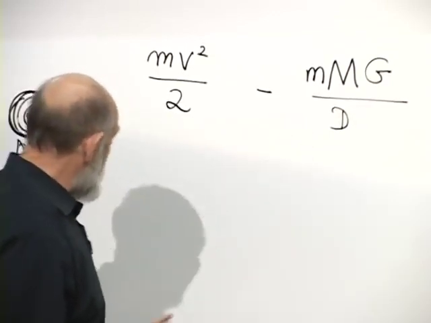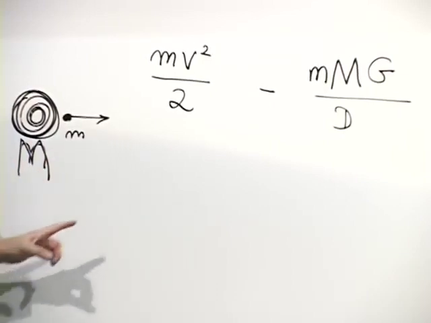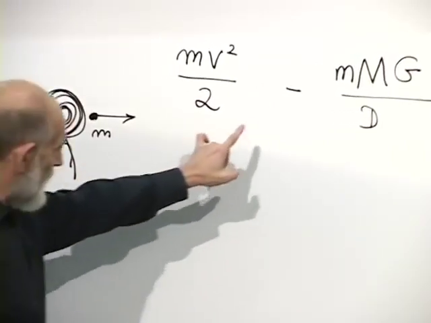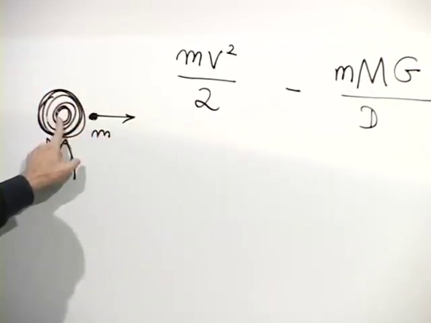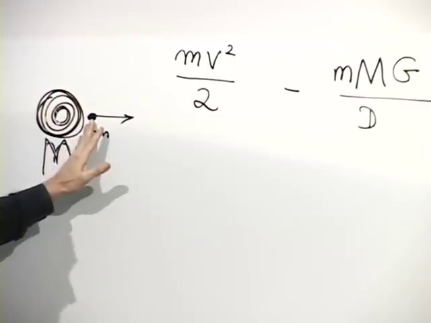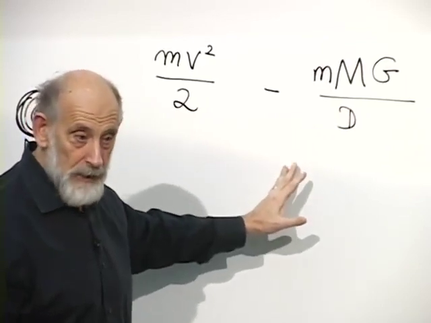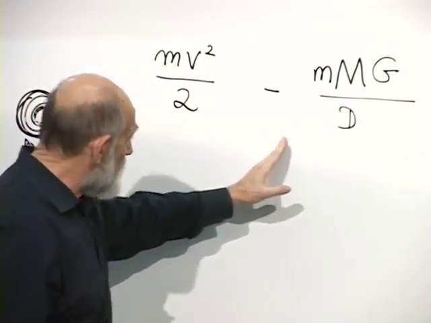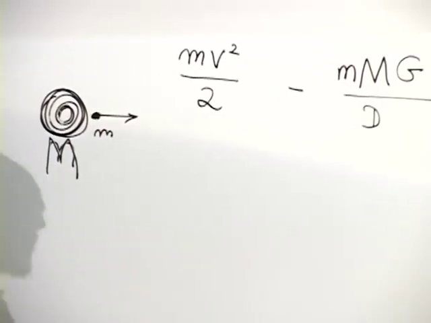And it's minus because it corresponds to the force being attractive. Putting this mass very close to the planet creates a large amount of negative potential energy. Putting it far away creates a smaller amount of negative potential energy. The energy becomes more negative by pushing towards here. So that's why the potential energy is negative for gravitation. It corresponds to an attractive force.